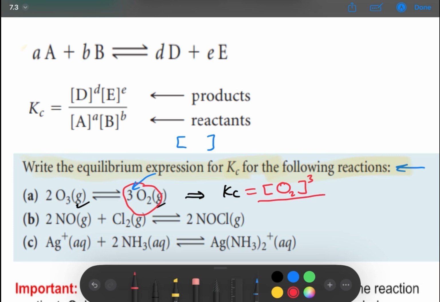And then you put it over the reactant, which is O3, ozone. This gas protects us from the UV light that comes from the sun. The O3 is multiplied by 2, so it's raised to the power 2. Do not forget the square brackets, and make sure these are in gaseous or aqueous states. Then our expression is ready.